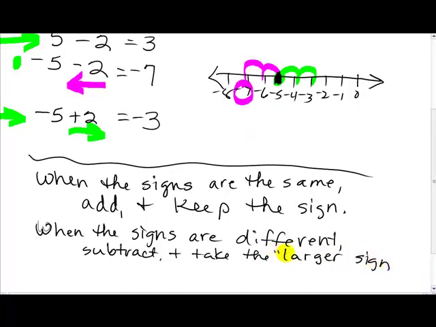And I'm putting larger in quotes here because -5 is not larger than a positive 2. But if I just look at the 5 by itself without its negative and the 2 without its positive, 5 is larger than 2. And because of that, we pick the negative and we make this negative.